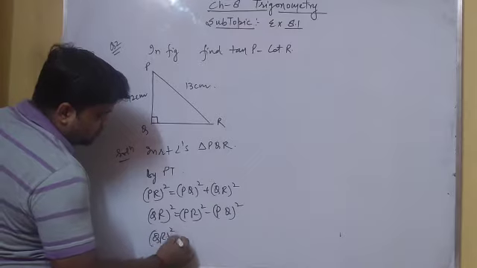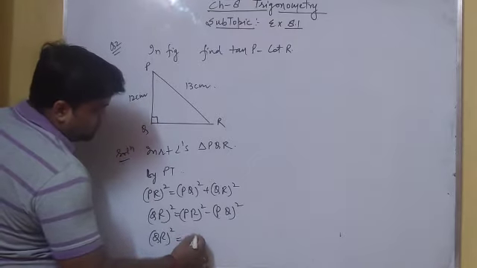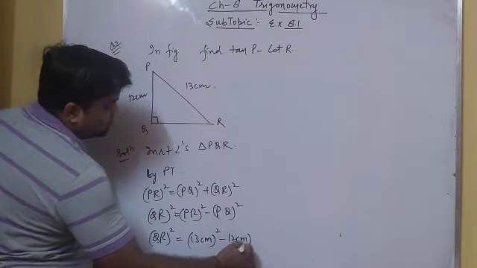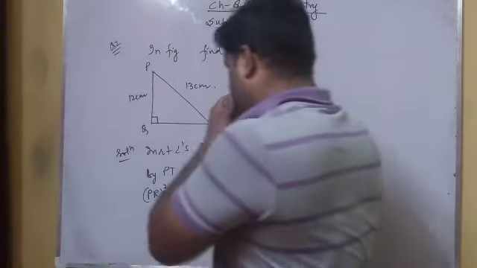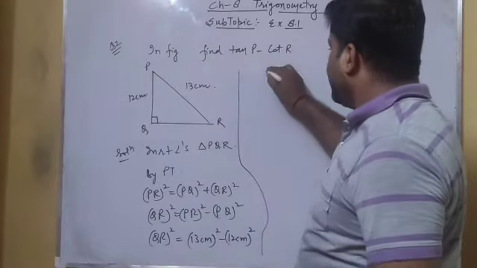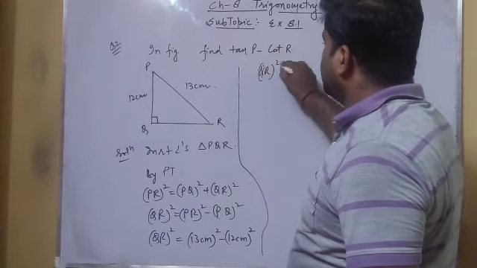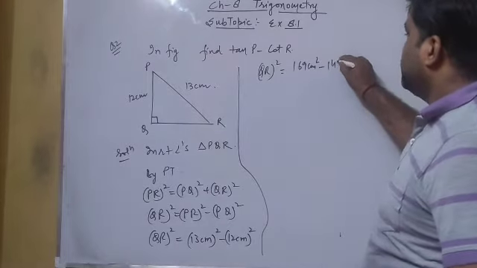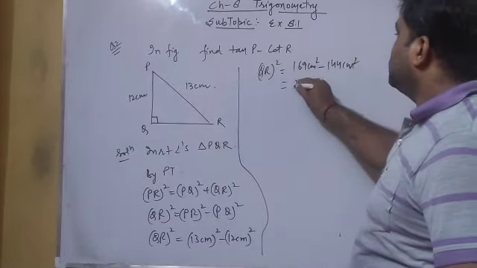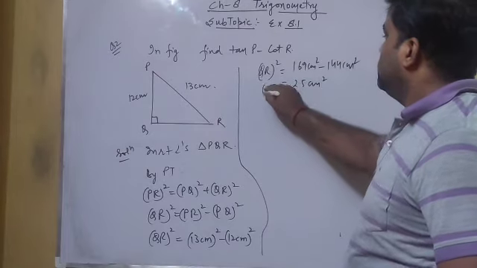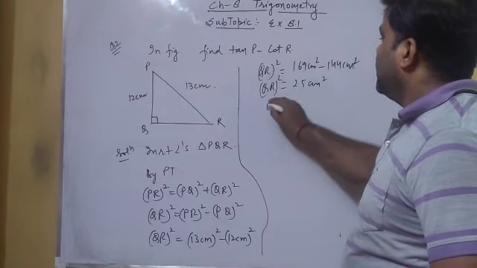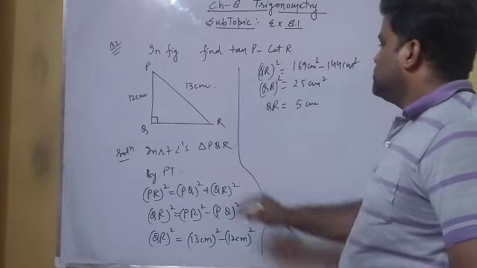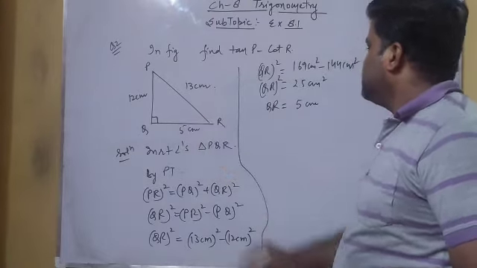So we get QR square is equal to 13 centimeter whole square minus 12 centimeter whole square, which is 169 centimeter square minus 144 centimeter square. We get 25 centimeter square, and on taking square root we get 5 centimeter.